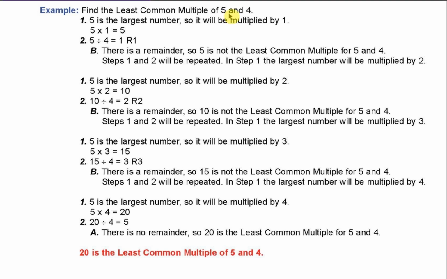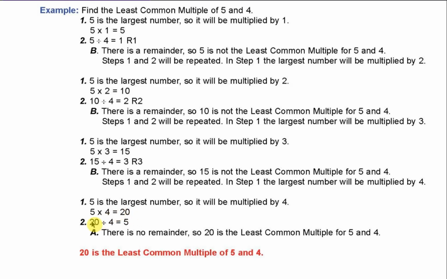So we are going to multiply 5 by the number 4. 5 times 4 equals 20.